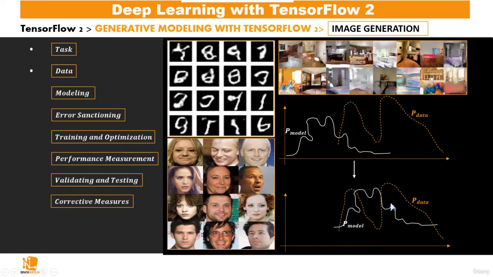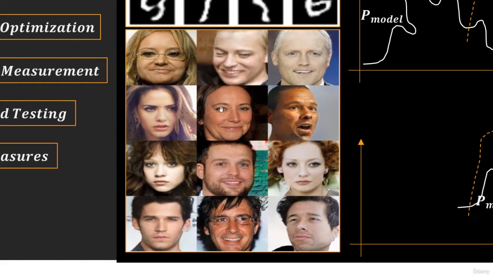It's thanks to this that we are able to have very realistic images of people who don't actually exist. Since we've been able to make our P model and our P data look alike, our P model is able to generate this.